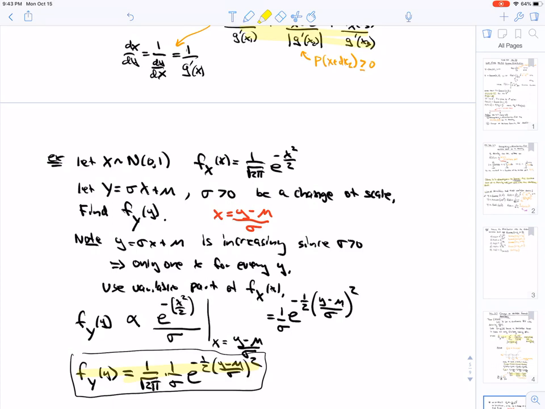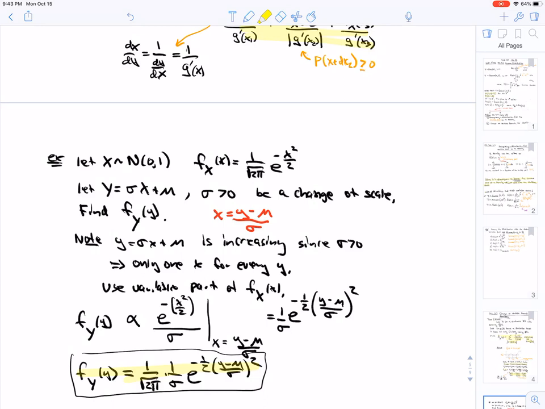So here, notice that since sigma is positive, y equals sigma x plus mu is an increasing function. So it's monotonic. It's a 1-1 function.